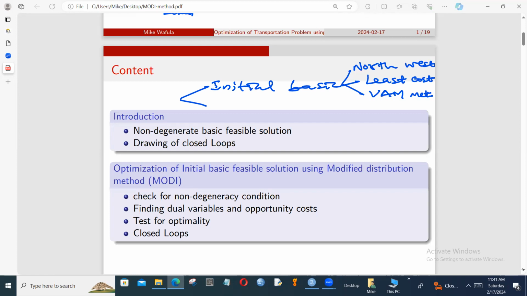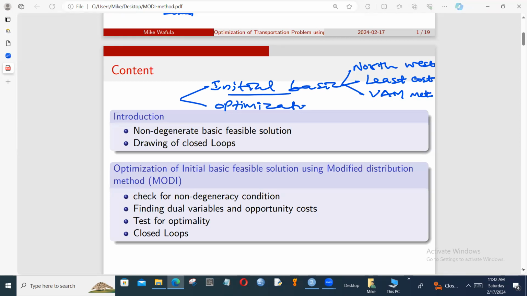So in this lecture, we seek now to look at the second phase of this transportation problem, which requires us to carry out optimization of the initial basic solution we have obtained at stage one. So how do we carry out optimization?